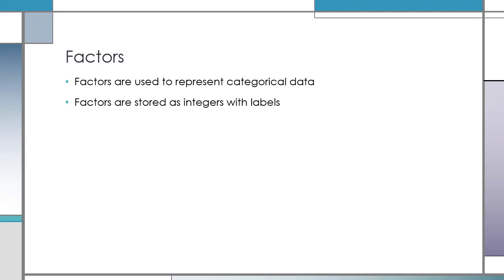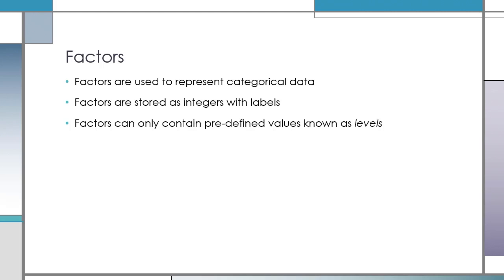Factors are stored as integers with labels. If you think about categorical data, you have different categories, what R calls levels, and those factors are predefined categories or predefined levels that distinguish one category from another category.